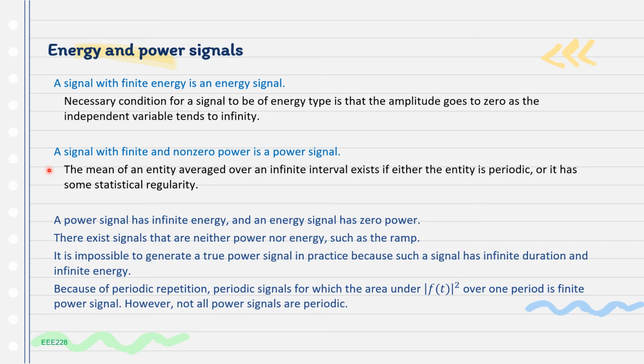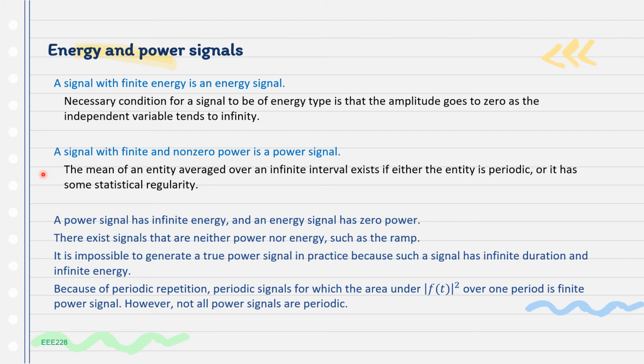So that means we measure it using the energy formula, we find that the energy is infinite, then we apply the power formula and we find that it has finite and non-zero power, so that signal is considered as a power signal.